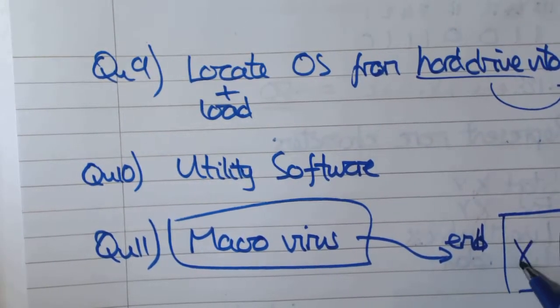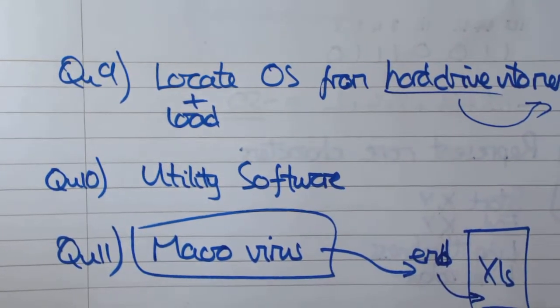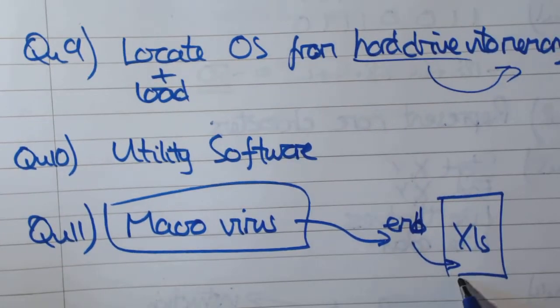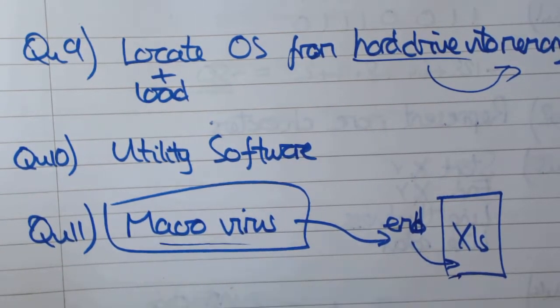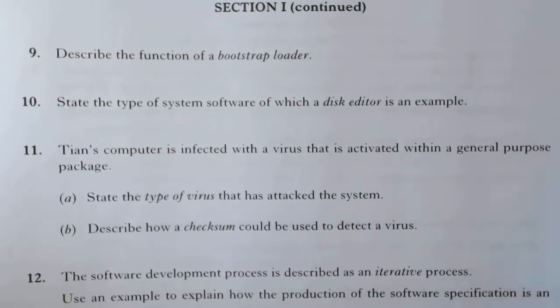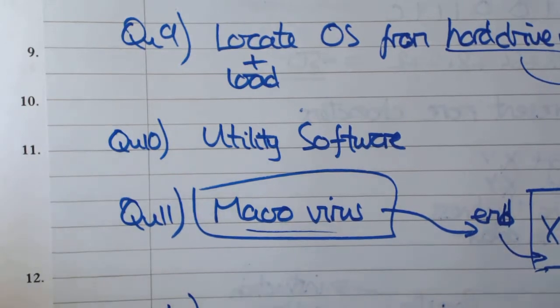So it might be an Excel spreadsheet. Okay, and then you run your application, and the macro virus, if you're running a macro within the document, that's when that's activated. Okay. And if you look at B, describe the checksum. Okay, so first one, macro virus, and then the checksum.